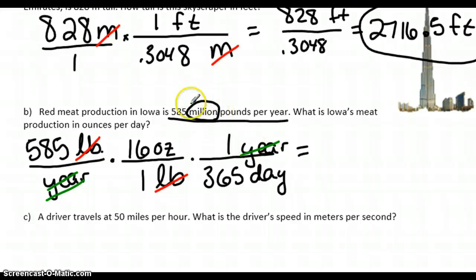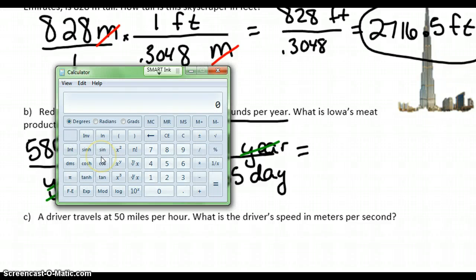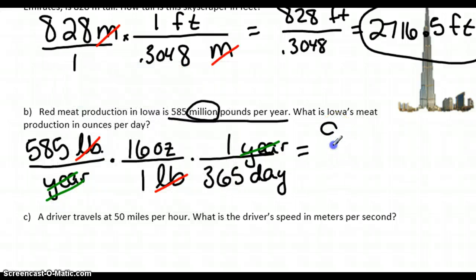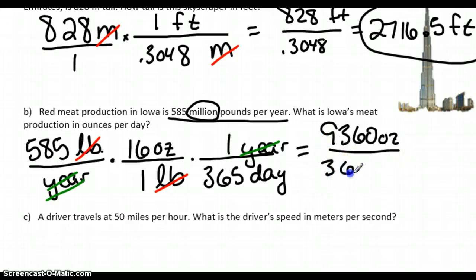Now remember, we're in millions of ounces per day, so we're going to write that part in the end. Okay, so first I need 585 times 16. 9,360 ounces per 365 days. Okay, so let me divide that 9,360 by 365.